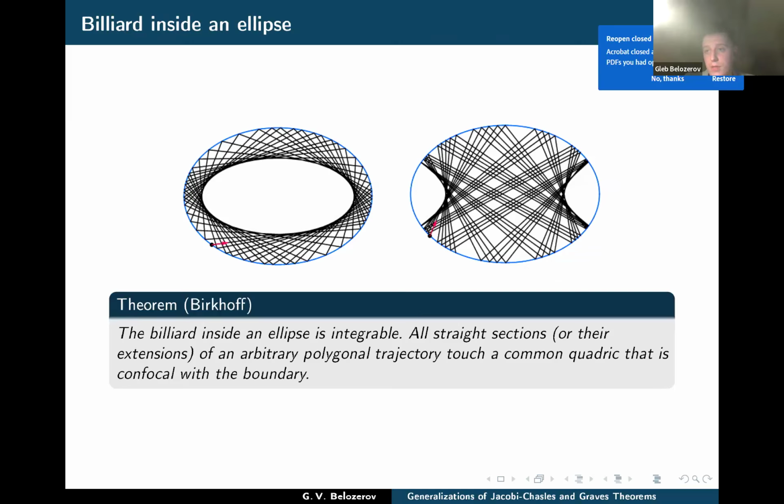Here you can see the illustration of this theorem. If we consider the trajectory of a billiard bounded by an ellipse, then all parts of this trajectory, all their extensions, will be tangent to a confocal ellipse or confocal hyperbola.